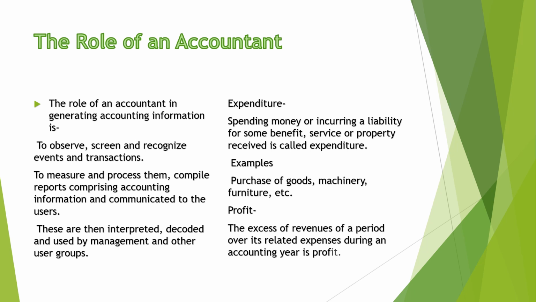Capital expenditure is incurred to purchase long-term assets, that is fixed assets, and revenue expenditure is incurred to maintain the productivity, recurring expenses. What is profit? Gross sale or net sale minus cost of goods sold is the profit, or the excess of revenue over expenditure.